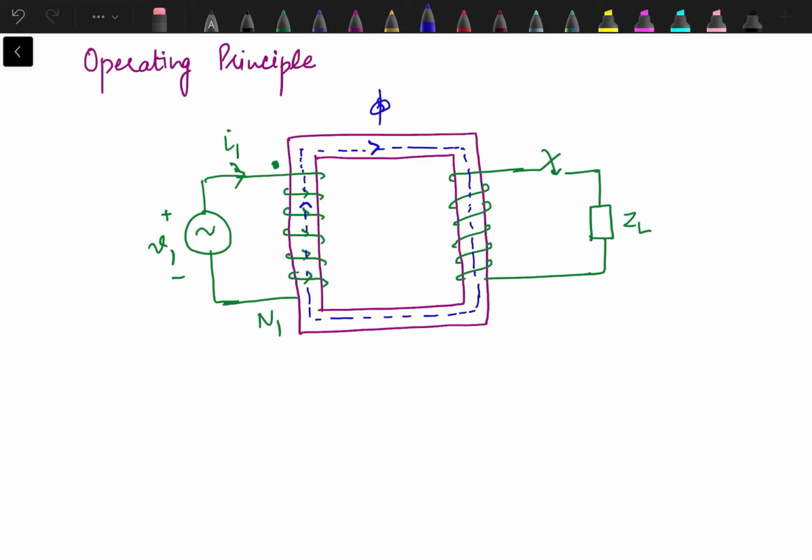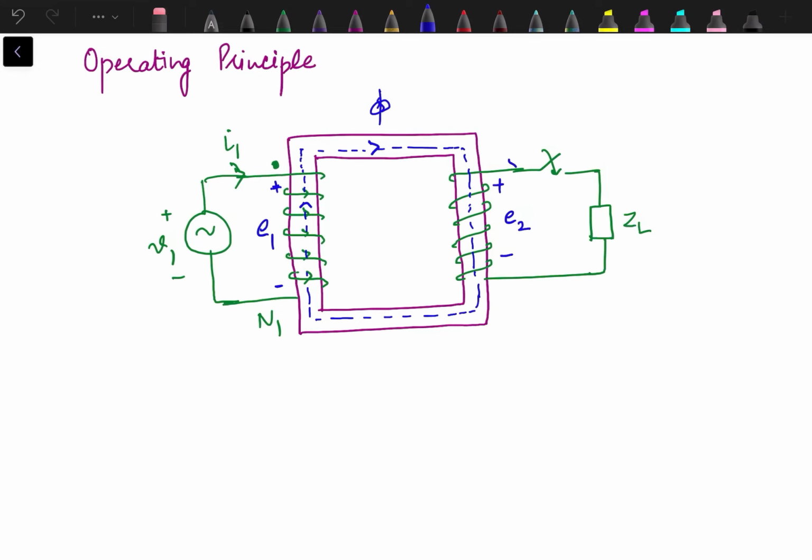Now the induced EMF on primary side is denoted by E1. This terminal is positive and this one is negative. Similarly, we have induced EMF E2 over here.